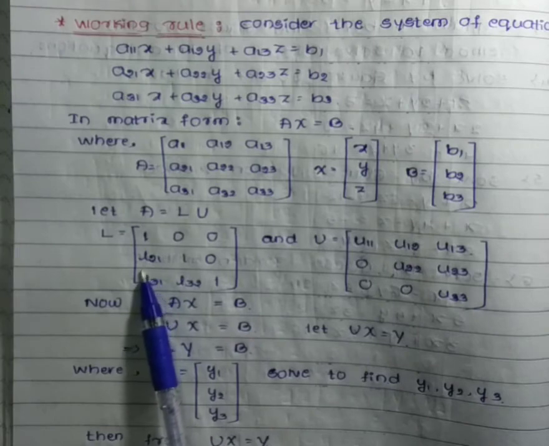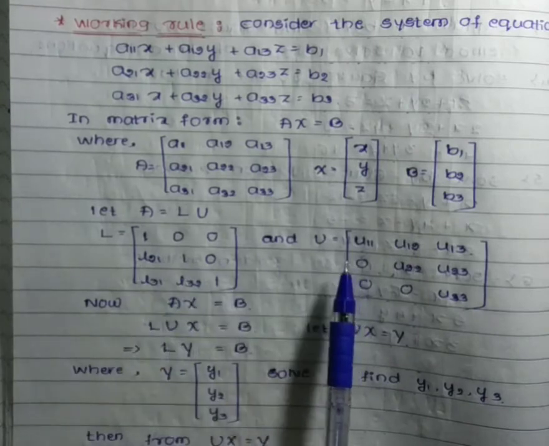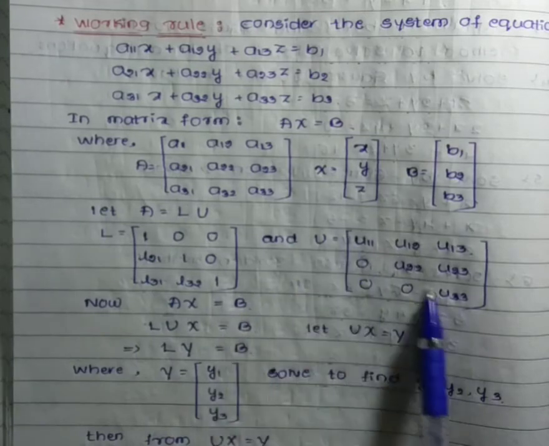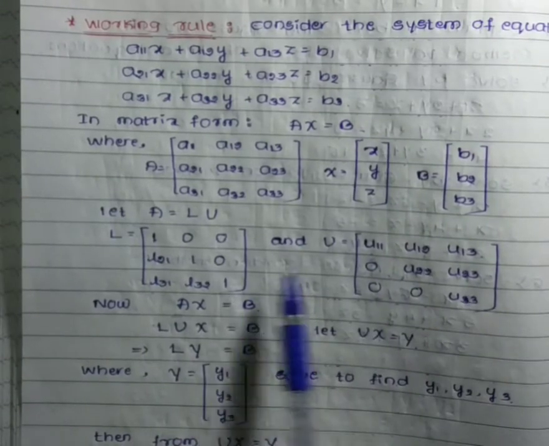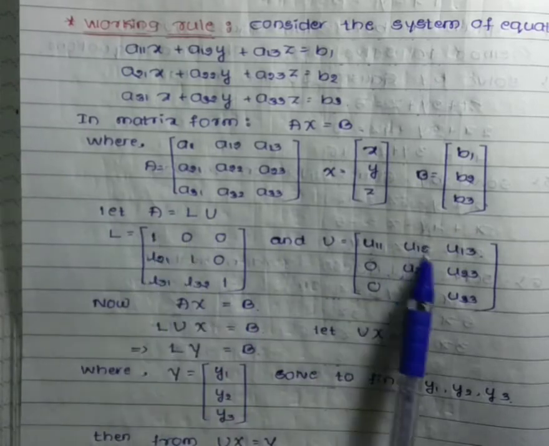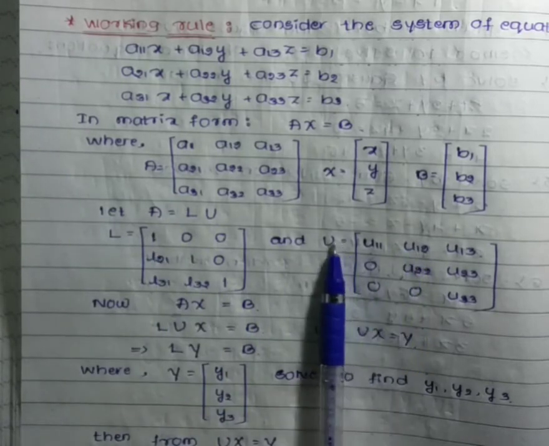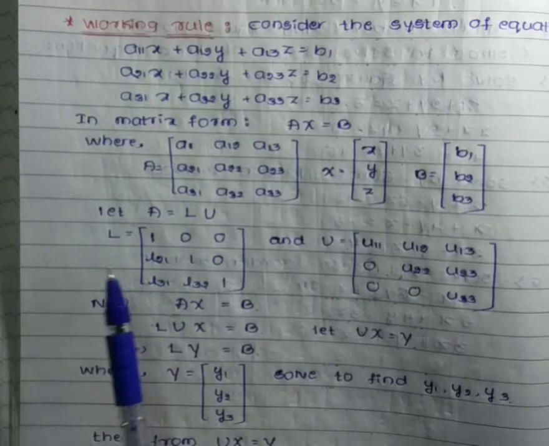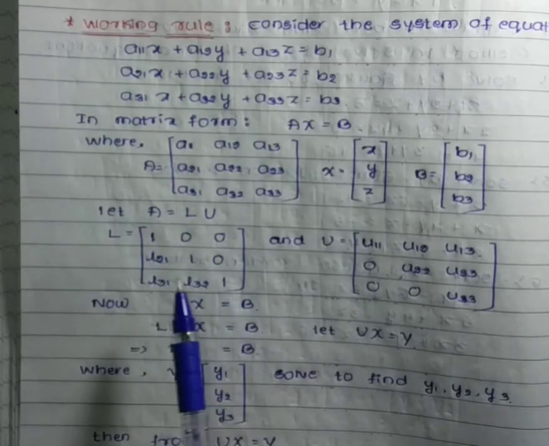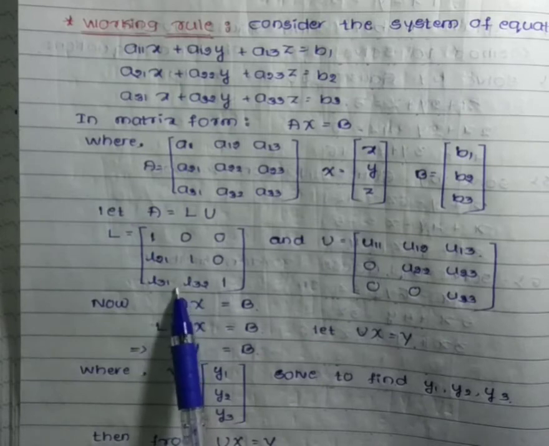Here we have a choice. Anywhere we can consider, either in lower triangular or in upper triangular. In any one of the matrices, always we have to consider the diagonal elements as 1. So here I am considering it in the lower triangular matrix.